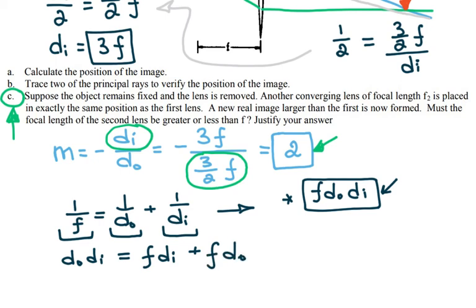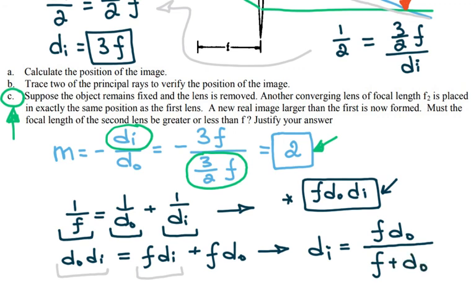And I'm going to look at what di depends on. So I have to move my di to this side and solve for di. So di is equal to F dO divided by, if I move the F di to the other side and factor out di, inside of the parentheses I'm going to have F plus dO.